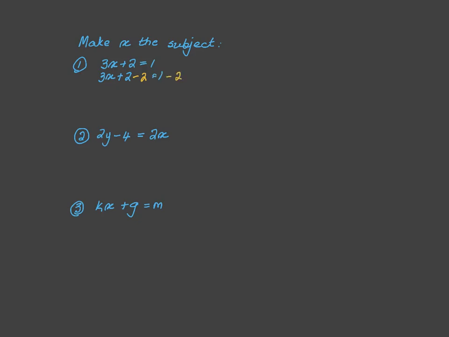On the left-hand side, you have 3x plus 2 minus 2 is 0. And on the right-hand side, you have negative 1. 1 minus 2 is negative 2. We're still looking for x by itself. We divide both sides by 3. 3 divided by 3 is 1. We have x is equal to, and on the right-hand side we have negative a third.